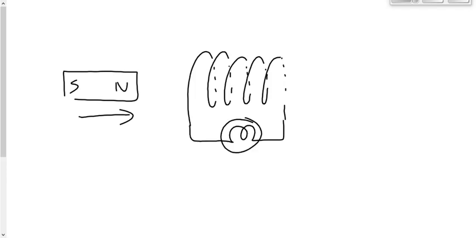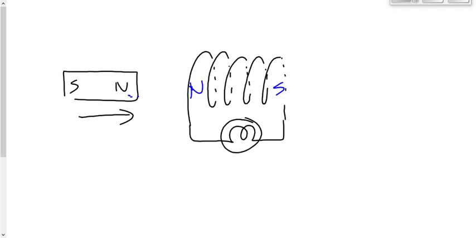By Lenz's law, as I push this magnet towards the coil, there is a current produced, and that current will produce a magnetic field that will act with this to oppose the motion. What's the polarity of this coil after the current's produced if it's going to oppose the motion? What end is this, north or south? It's got to be north, right?